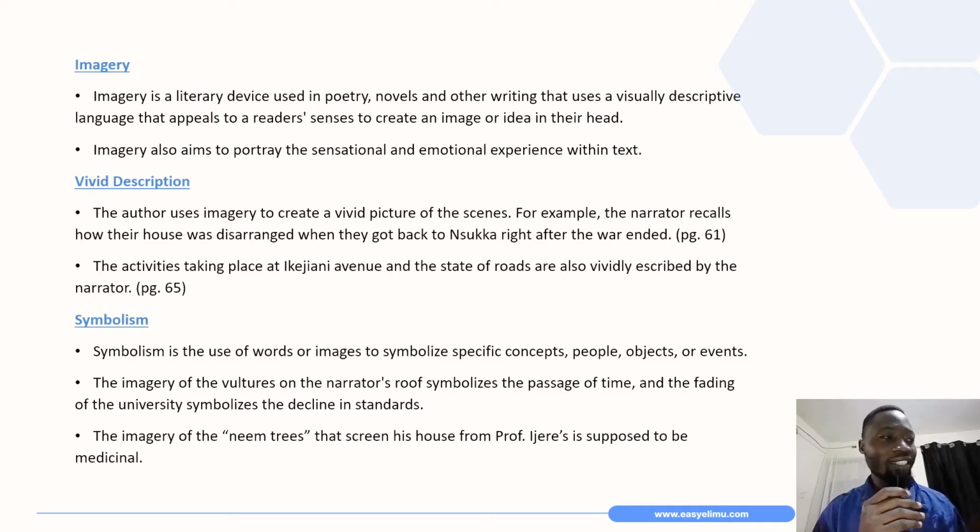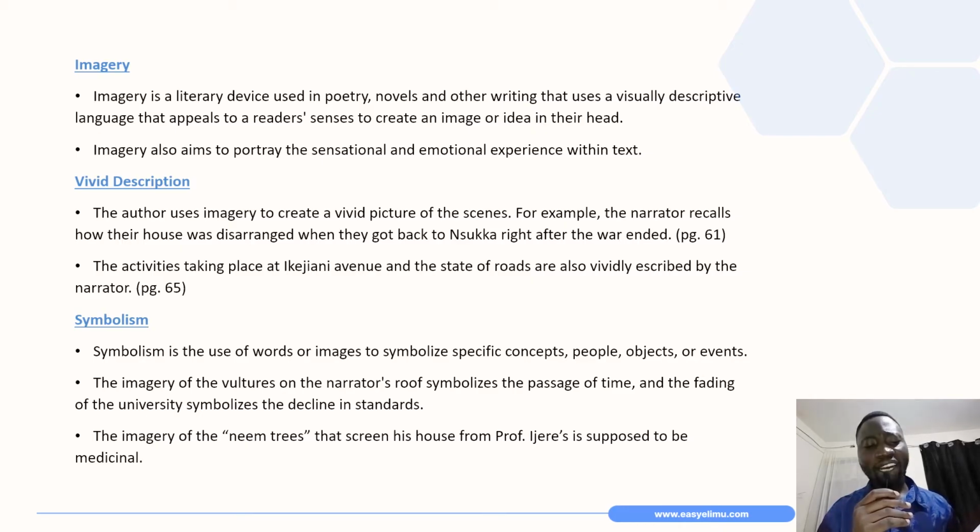For instance, when the narrator recalls the condition of their house when they came back to Nsukka right after the war, together with the wife, Ebere, he says that it was too much for them. Their books were in a charred pile in the front garden under the umbrella tree.